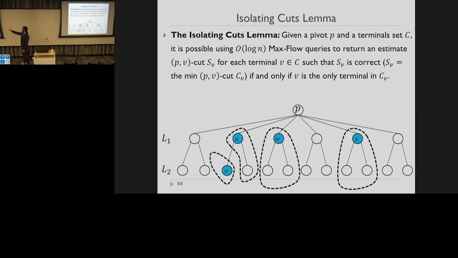The minimum cut from P to X has only X on the side of X of the cut. So you're going to get the right cut for it, but not for U. For the terminal U, as you can see, you have another terminal on its side of the cut. And so then you're not going to get the right value necessarily for it.